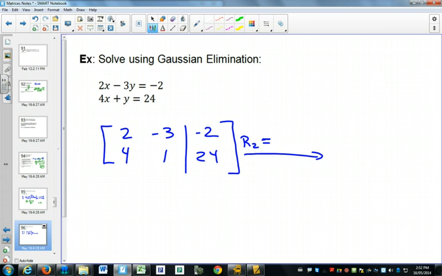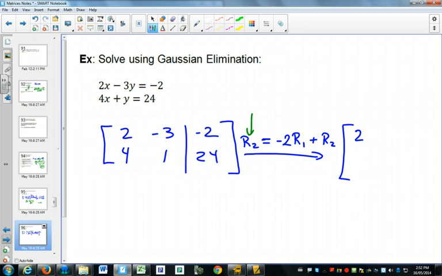Multiply the top one by 2 or negative 2. I like negative 2 because then I can add. Is that okay? If I multiply the top by negative 2 and then add it to row 2, well, this times negative 2, first of all, I'm not changing my row 1. This here, that little note there says I'm only changing my row 2. That's why it's good to write row 2 equals.